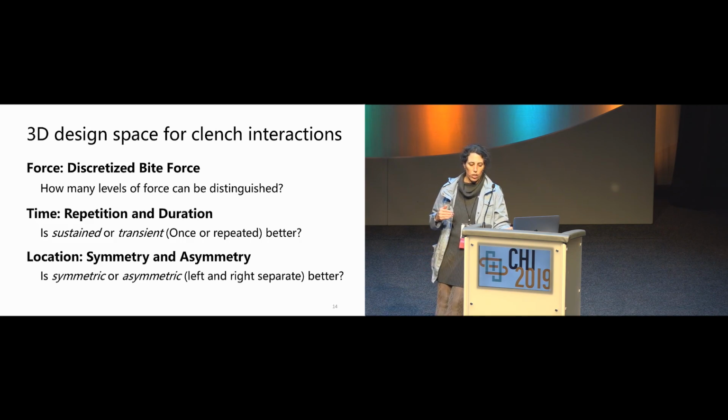So in particular, in our work, we were interested in force and specifically how many different levels of force can somebody effectively control, as well as what kinds of interactions make sense in terms of repetitions, like double clicking with your teeth, or more sustained interactions like clenching and holding. And then finally, we looked at asymmetric, meaning left versus right, and symmetric, meaning clenching with the entire jaw as aspects of the design space.